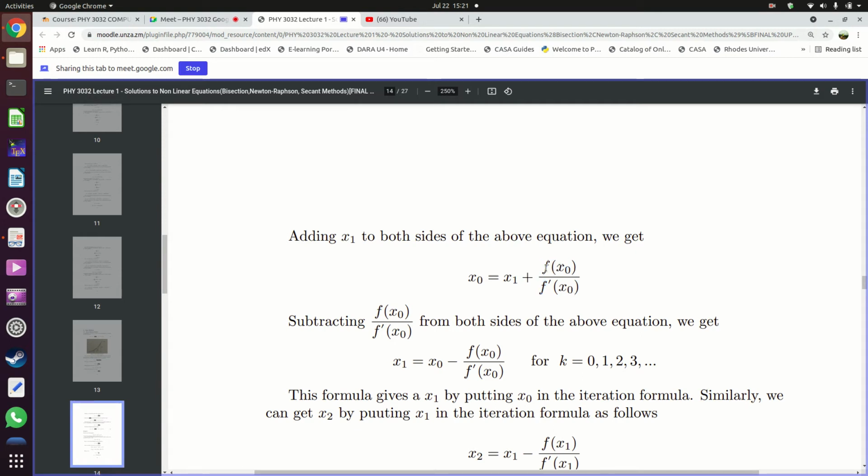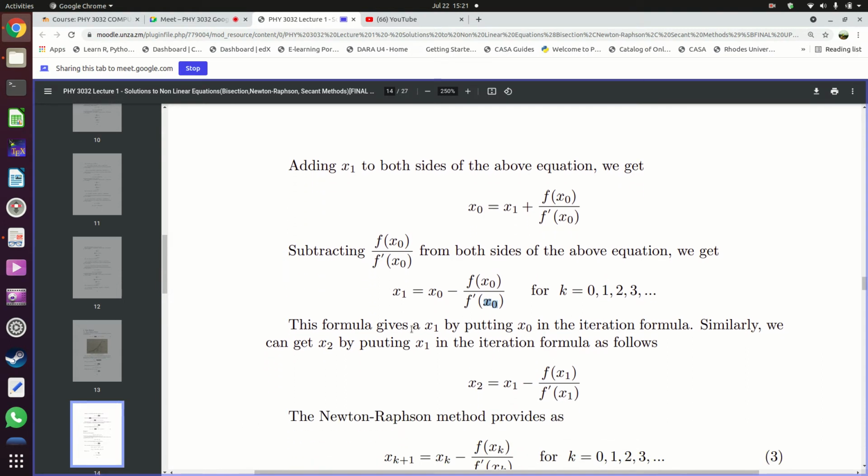Then I take this rational thing to the other side. When I do that, I end up with x1 equal to x naught minus f of x naught divided by the derivative of the function at x naught.